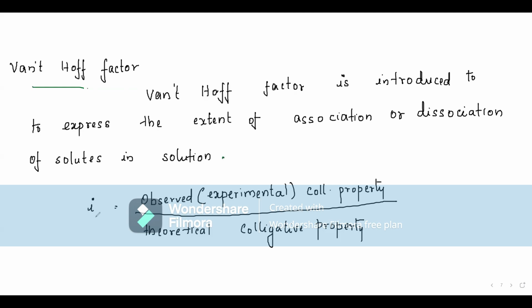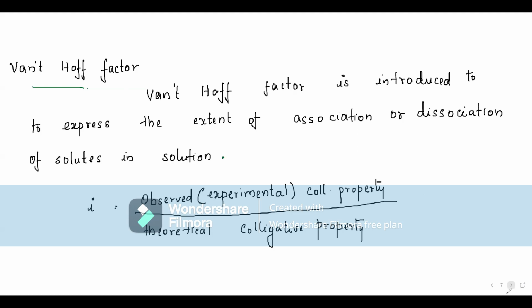Now, the letter that is used to represent Van Hoff factor is I. I, Van Hoff factor, is equal to observed, meaning experimental, colligative property by theoretical colligative property. The theoretical is a normal one, which you are expecting from the formula. Observed colligative property is the experimental one. So Van Hoff factor is a ratio between observed colligative property and theoretical colligative property.